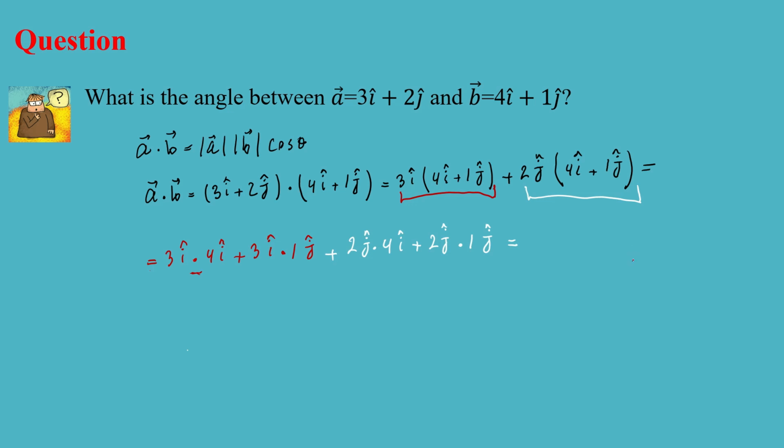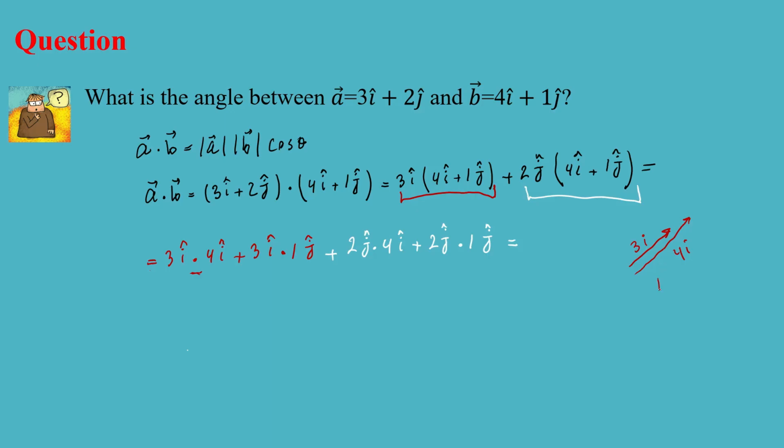For example, this one right here is going to be 3i, and then I have 4i in the same direction, right? So what is the cosine between these two vectors? Of course the angle is 0, right? So cosine of 0 is going to be 1.